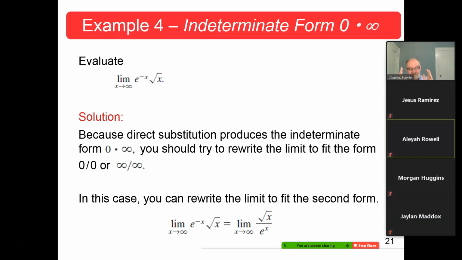Now, please look at the book and follow this. If you take a derivative of those, though, even though 0 over 0 may be a little more appealing to you than infinity over infinity, when you take the derivative of those, e to the minus x is just going to be minus e to the minus x. Okay, but the derivative of the square root of x, or 1 over the square root of x, if you put that down, the x to the minus 1/2, the derivative of that would be minus 1/2 times x to the minus 3/2.